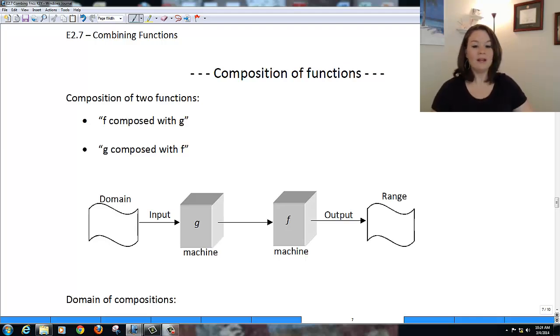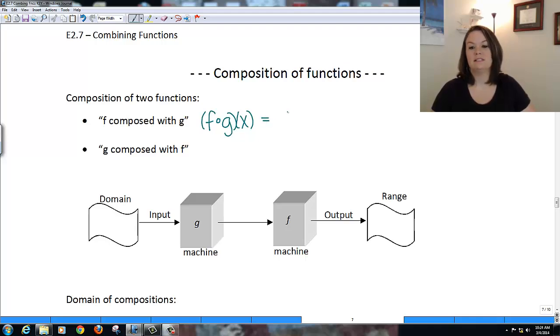We write this as f composed with g. If it's f composed with g, we write it as f, an open circle, g of x. This is our notation. What this means is whichever function is closest to the x is the input function.